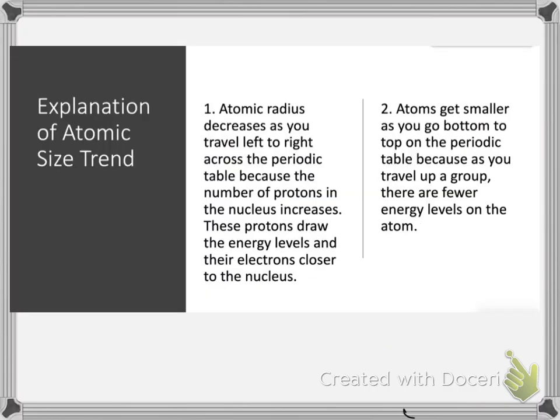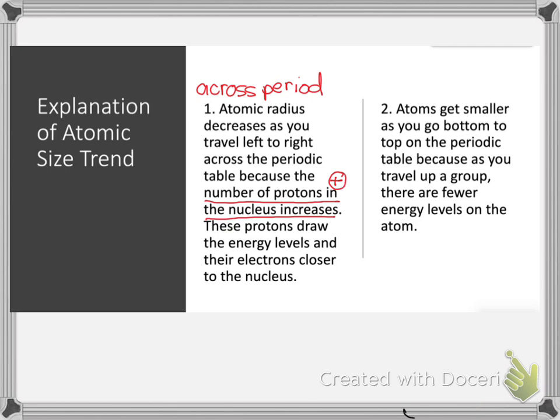If we look first at number 1, this is the trend across the period. If you recall, as we go across, the atomic number is increasing, which means the number of protons in the nucleus is increasing. So the positive charge in the nucleus is increasing.